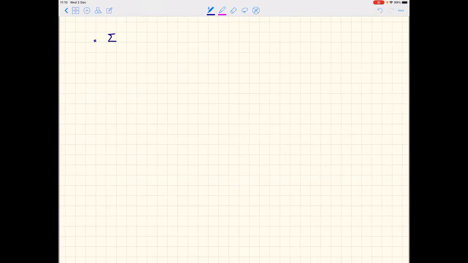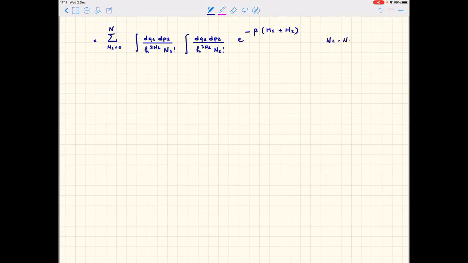This is the sum over N1 from 0 to N, and then the integral dq1 dp1 over h to the 3N1 N1 factorial, and then the integral dq2 dp2 over h to the 3N2 N2 factorial e to the minus beta (H1 plus H2), with the understanding that N2 is equal to N minus N1.